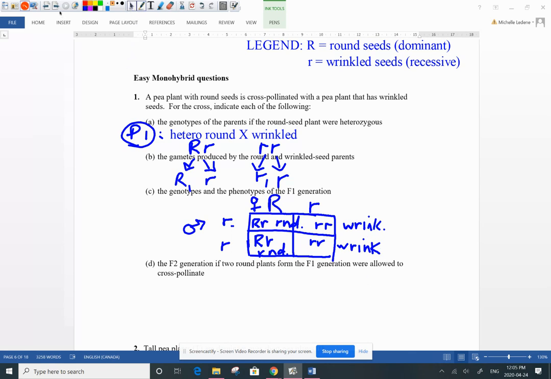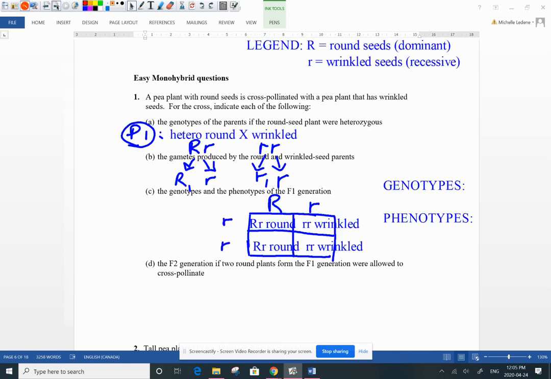We have just set up our Punnett square. Now we have to figure out our genotypes and our phenotypes. What ratio did we have of these offspring? For genotypes, let's look at the letters. Count up how many big R, little r there are. There's two of them. And how many little r, little r are there? Two of them as well.